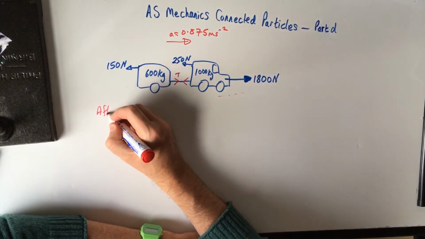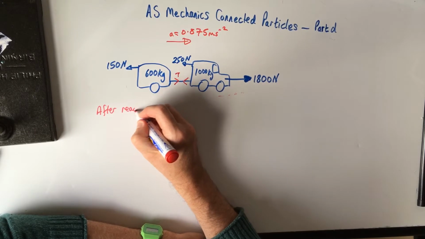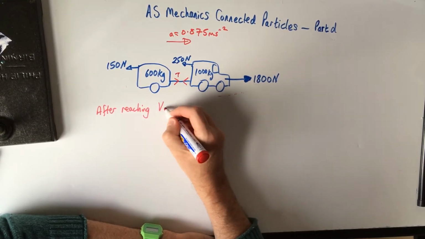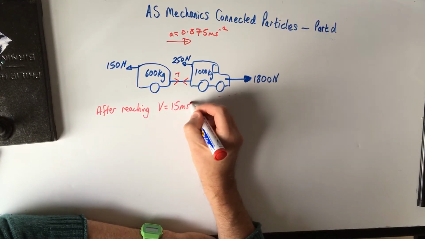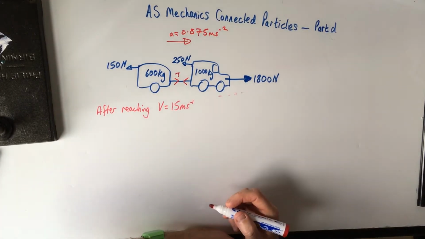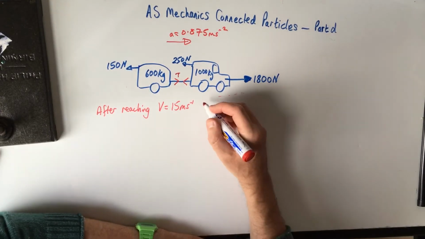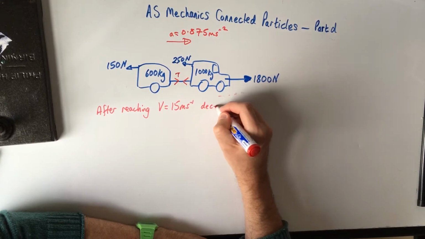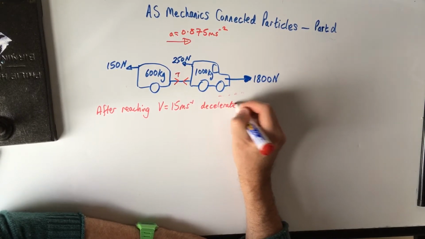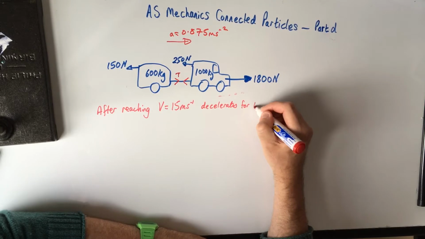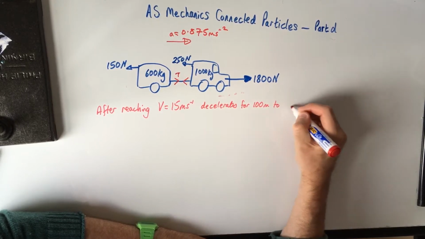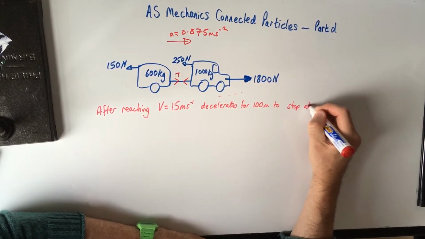On this particular question, I'm going to say that the vehicle has reached a velocity of 15 meters per second, okay, and what have I said? I'm just reading my notes: I posed a question and it decelerates for 100 meters to stop at lights.